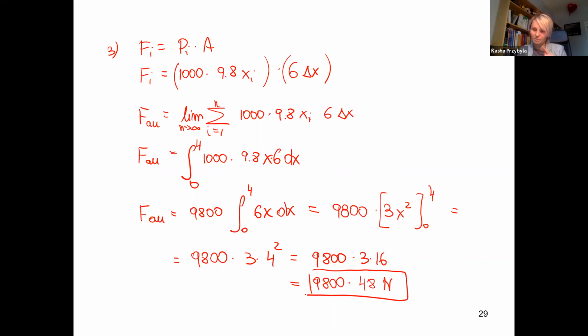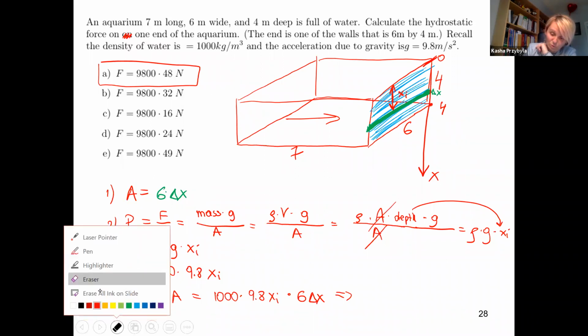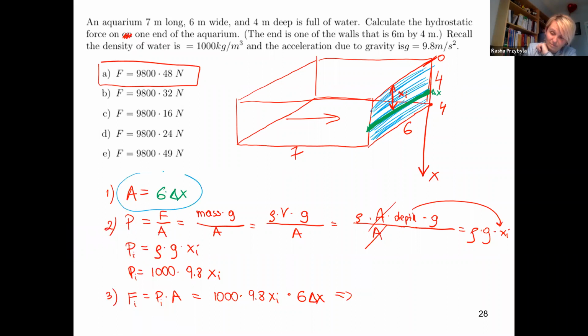That means let's look at the shortcut. If you see this question, of course you have to identify the area, because we will need the area. But you know the area: length 6 and the height delta x. And then you know that we will integrate the height from 0 to 4, rho g x, and then that area.